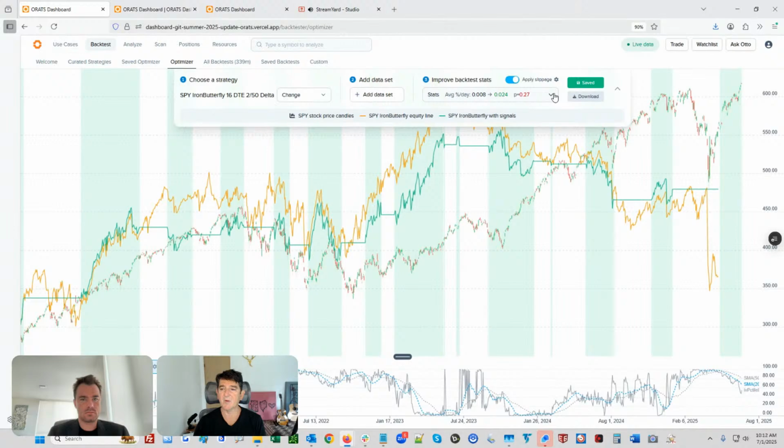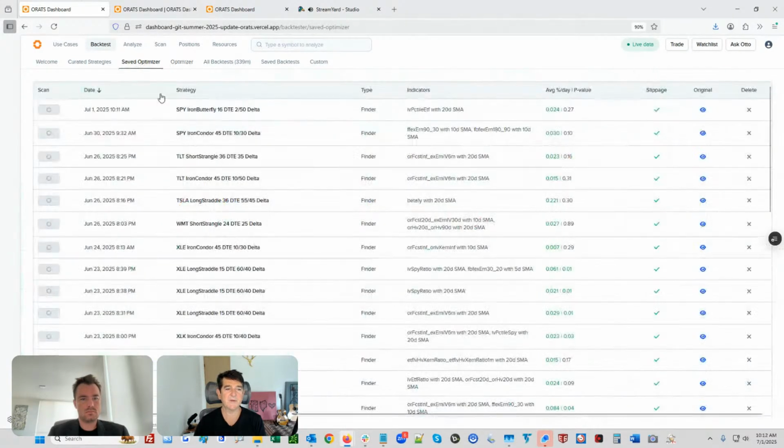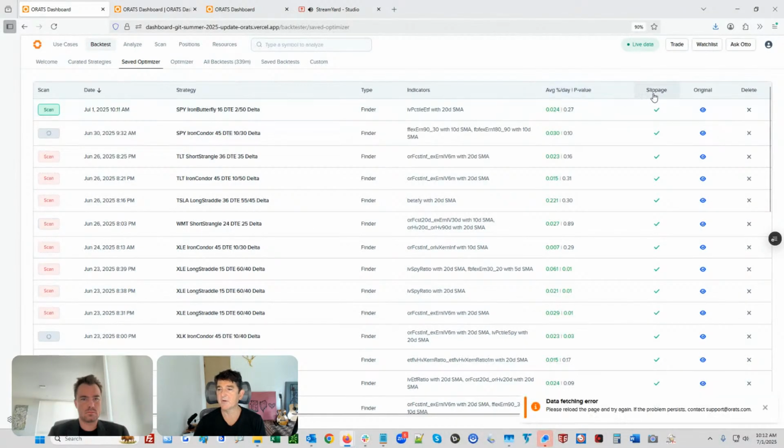But now we save this particular strategy, and we can go look in our saved optimizers. So this is a saved iron butterfly 16 DTE. You could sort these by various ways. You can sort them by returns. You could sort them by many different things. But this particular one, we've sorted.